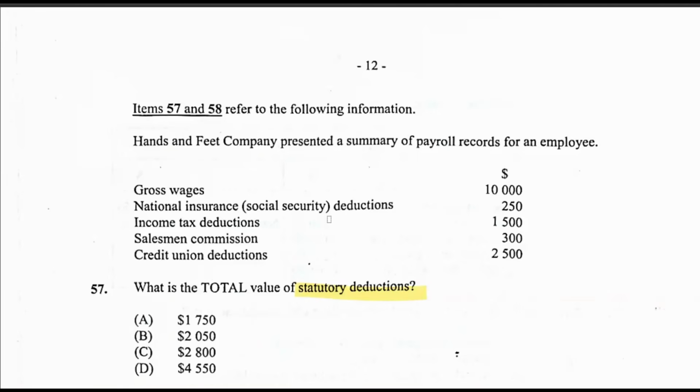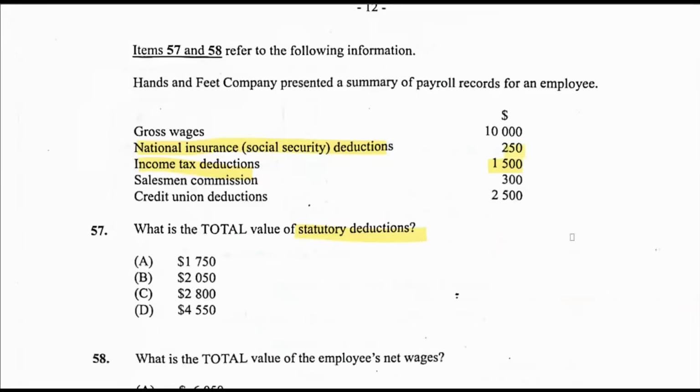And these statutory deductions that we do in fact know about will be income tax deductions for sure, as well as your national insurance or your social security deductions, guys. So these two right here. Right? So 1,500 plus $250, that should give us 1,750 as our answer.